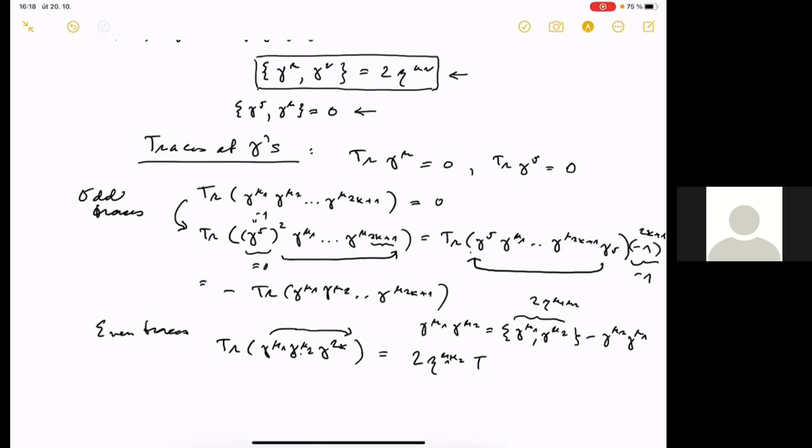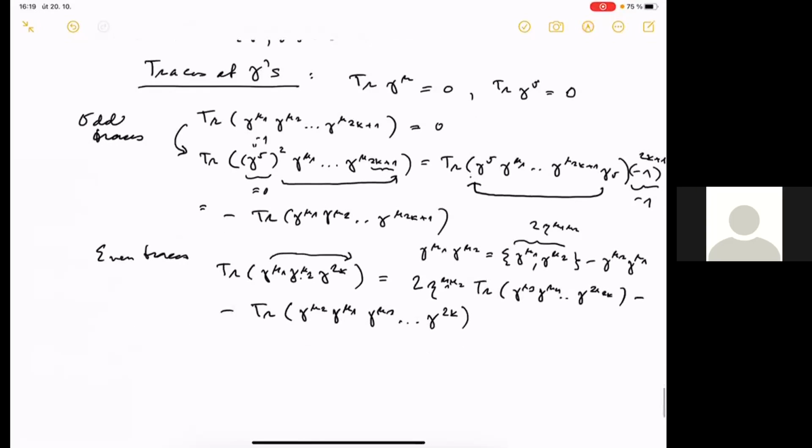times a trace which has 2k minus 2 matrices, this smaller trace than we started with, gamma mu3, gamma mu4, up to gamma mu2k, and minus the trace where gamma mu1 and gamma mu2 were anti-commuted. So gamma mu2, gamma mu1, and the rest, gamma mu3, and so on, up to gamma mu2k.